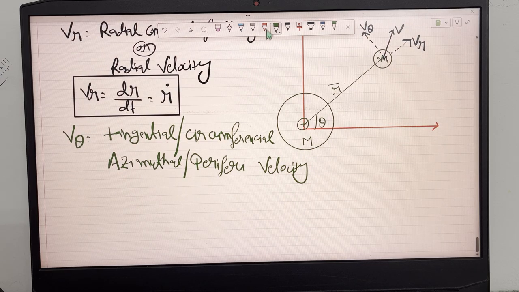Actually, all are the same thing. What does the examiner do? If they want to ask about tangential velocity, they might ask circumferential velocity, azimuthal velocity, or peripheral velocity. All these names are the same. You have to remember all of them, because the question can come by any name. If you remember only tangential and the question comes with another name, you will lose the marks, and these are basically pocket marks.